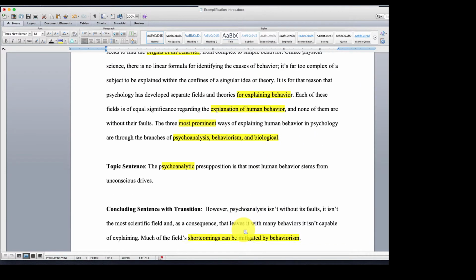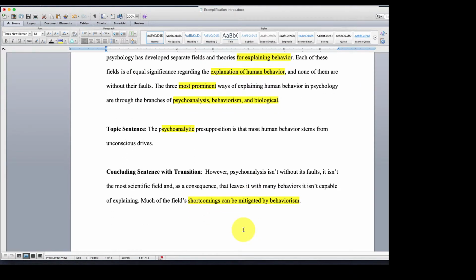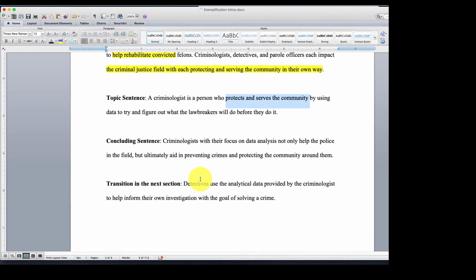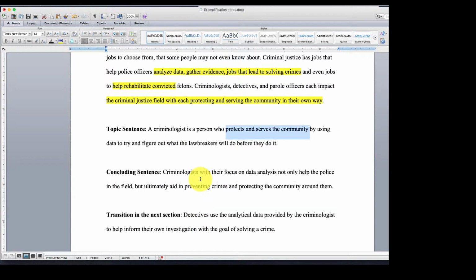So in that first paper, this person had a transition from going from the previous to the next. This person does it backwards. He goes from the current and mentions the past.